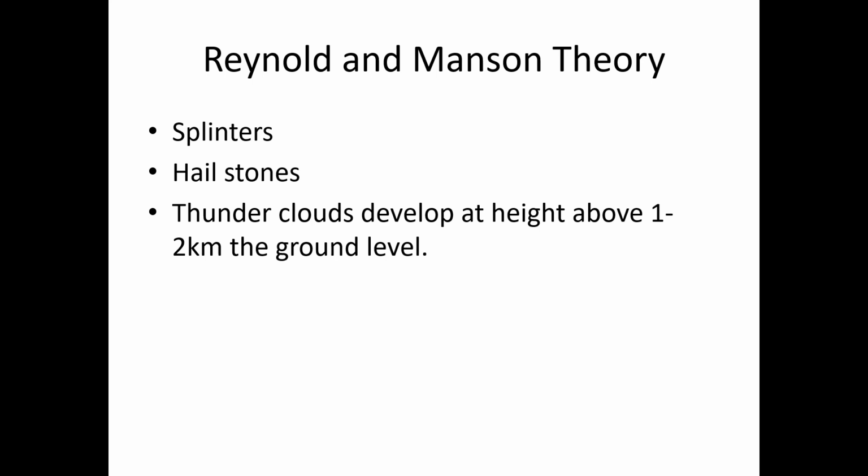So what we have learned is, in the first theory, Wilson's theory, how the charge separation takes place: in a cloud, the lower region consists of negative charges and the upper region consists of positive charges.